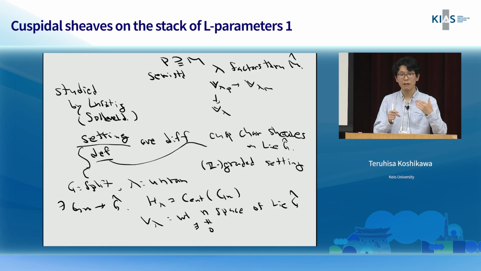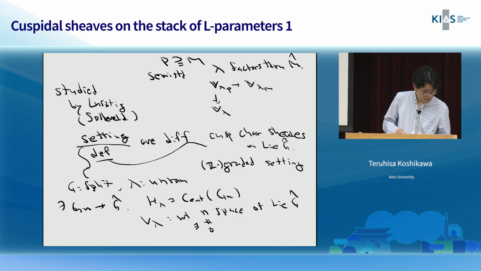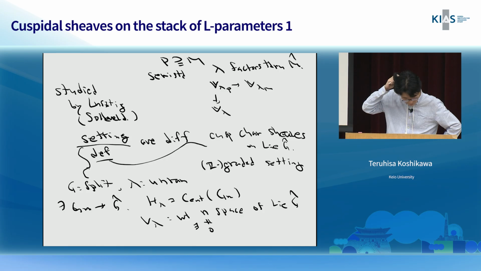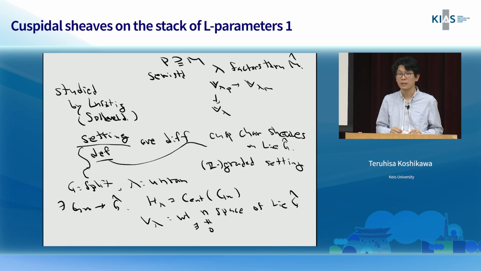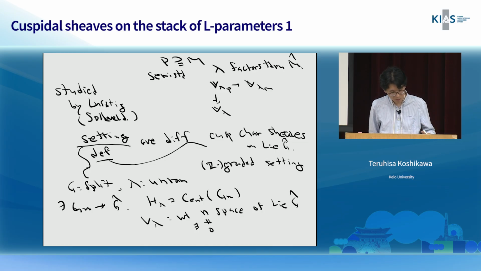So the condition is that it's a restriction of the cuspidal character sheaves on the Lie algebra. Or maybe he started with a local system, but anyway. Basically, Lusztig proved that this definition and the earlier definition are equivalent.